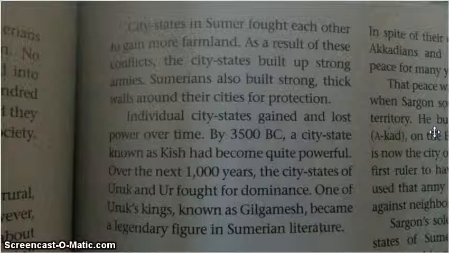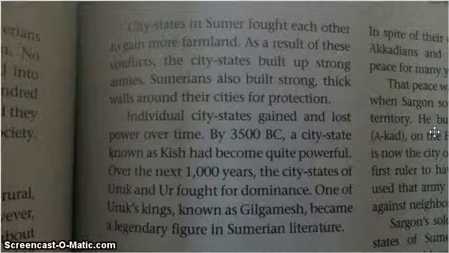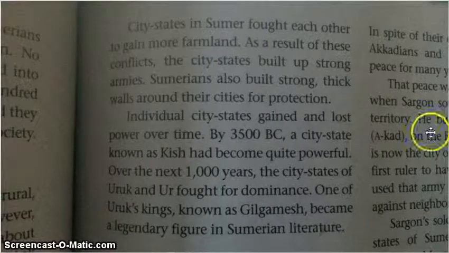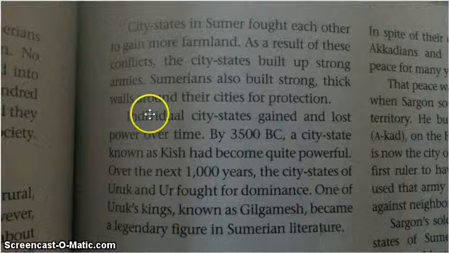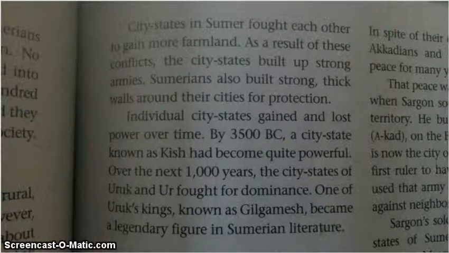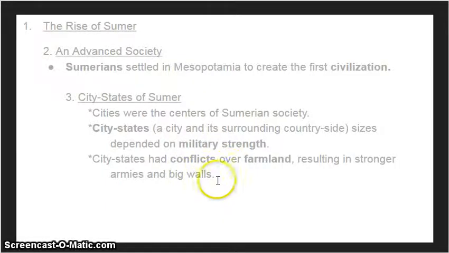You may have heard that name before. So this one, I think that first sentence pretty much sums that up. We don't want these little details in here. We don't need to know these city-state names. But I do think it's important that we know that individual city-states gained and lost power over time. So let's just put that.